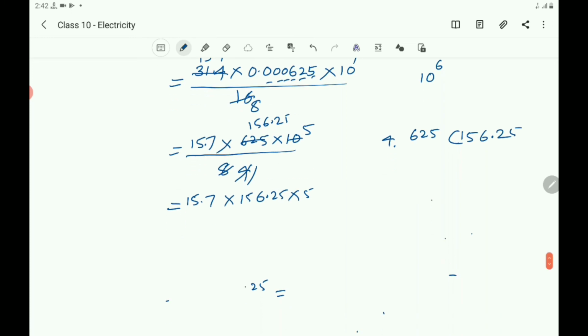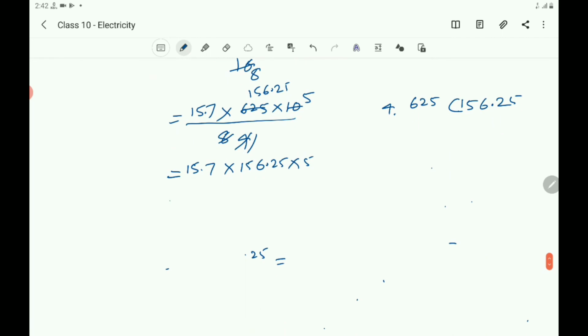Then the product of these two is 15.7 into 156.25.